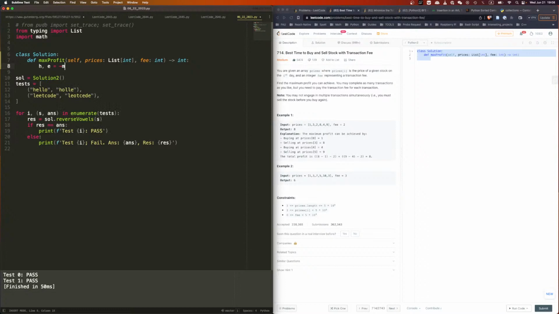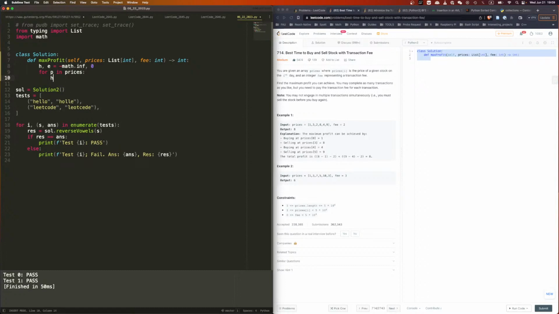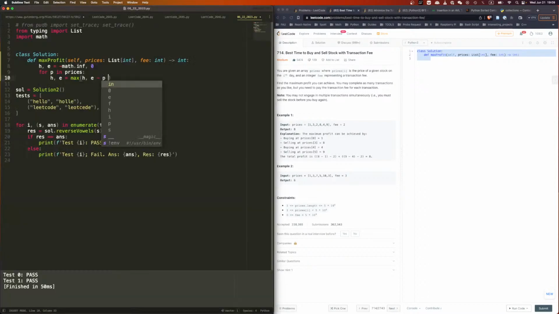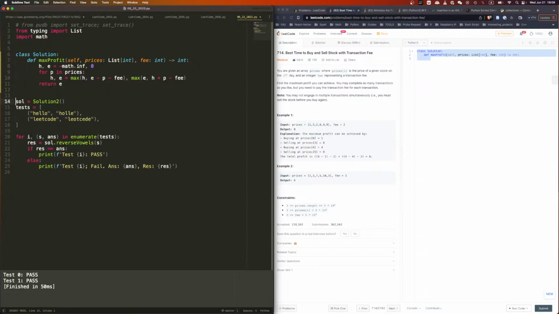Holding state is negative infinity, empty state is 0. For P in prices, holding and empty equal the maximum of holding and empty state minus P minus fee, and empty state, holding state plus P minus fee. And then we return empty state.